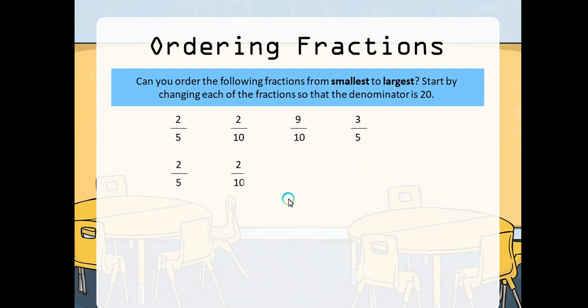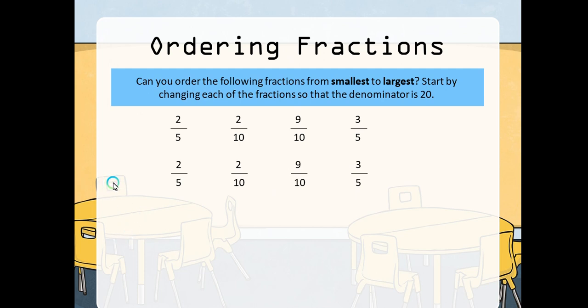Okay, this is the result of the multiplication by 4 and by 2. Now if you check them very well, here we have 2 times 4 is 8, and 5 times 4 is 20. So we can use 4 to divide 8, and it's going to give us 2, and 4 divides 20 to give us 5. That's why we have 2 over 5.